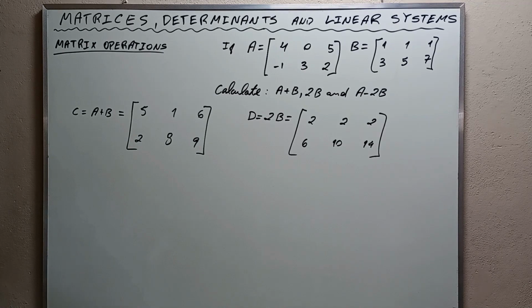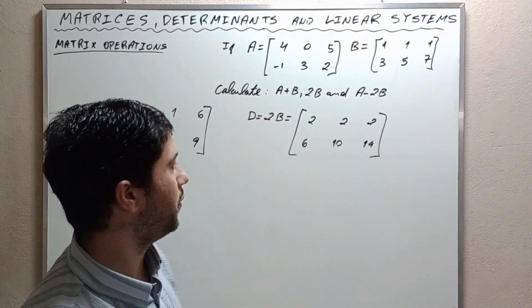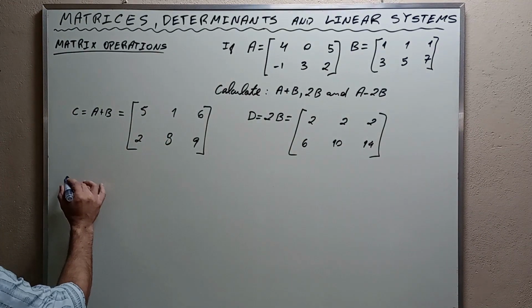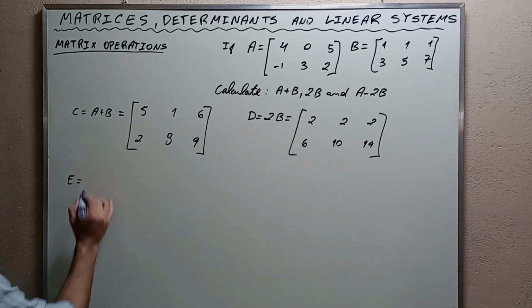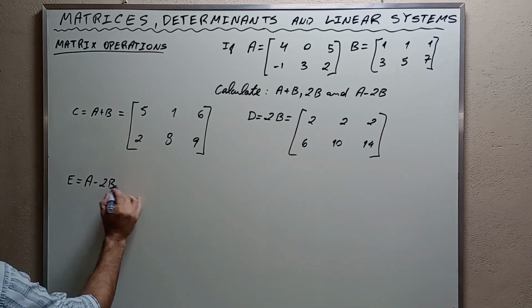The next step is to compute A minus 2B. Let's call it E. E is equal to A minus 2B.